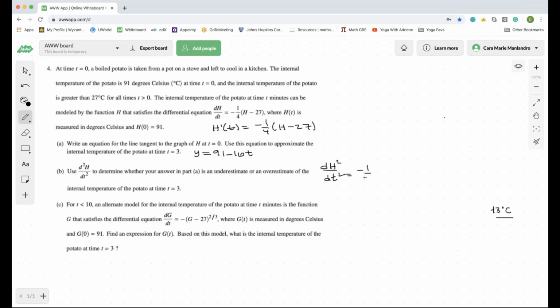So it's -1/4. Right, but it's not just -1/4. All right, you have to put in dh/dt because you are taking the derivative of that h. All right, and then we know what dh/dt is, right? It's the differential equation itself.